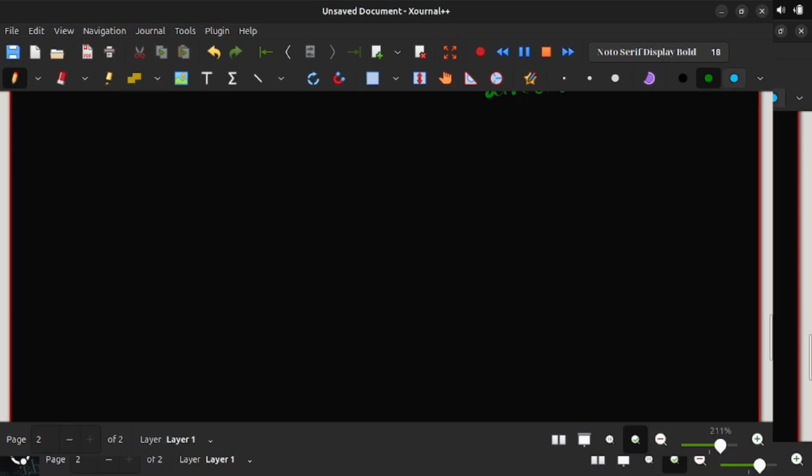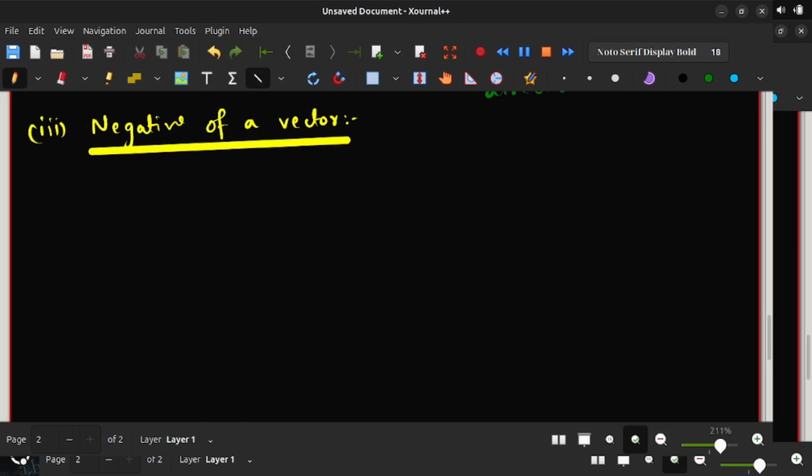The third vector which I want to talk about is called the negative of a vector. So you already know if you have a number line, in that number line we have certain numbers. Okay. So you have 0 here, and then there's 1, 2, 3, and so on.